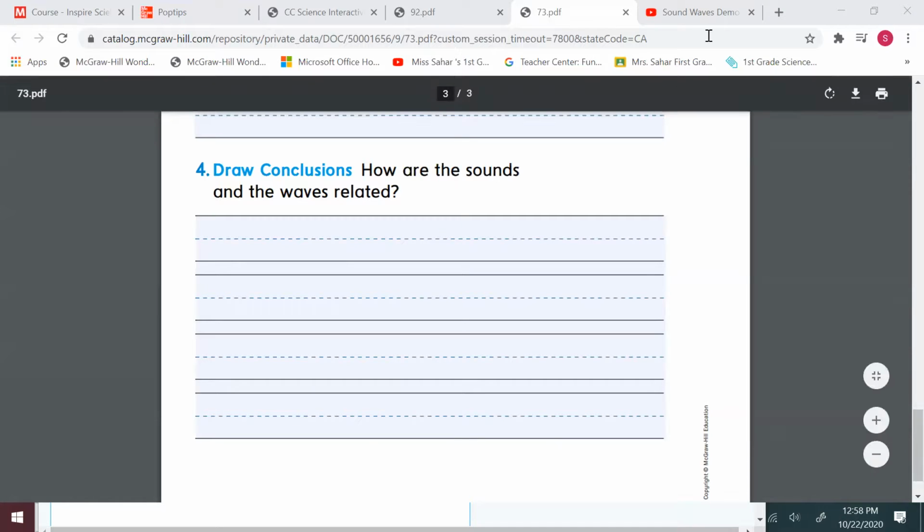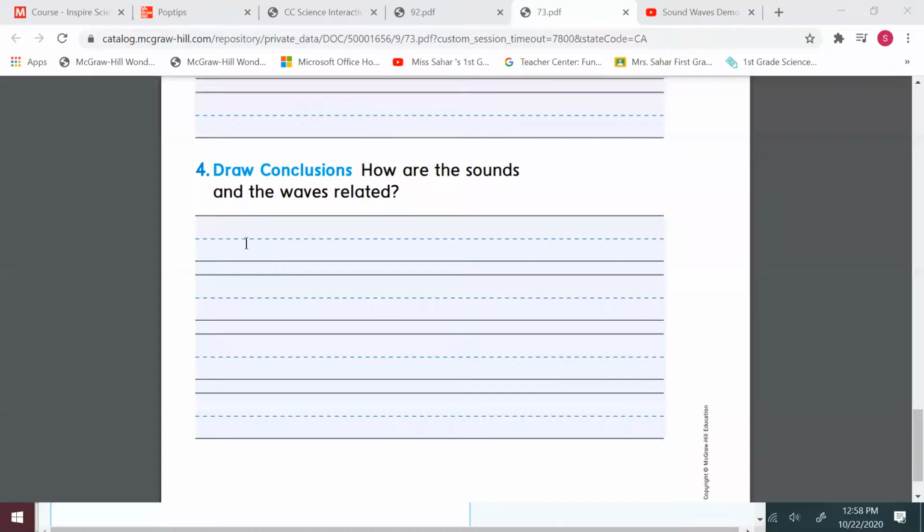So let's write this down. Okay. So softer sounds made bigger or smaller waves.